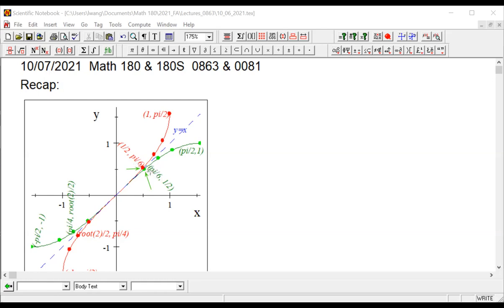The green input is angle, output is ratio. Do you guys see that? All of this is to emphasize what we just emphasized.